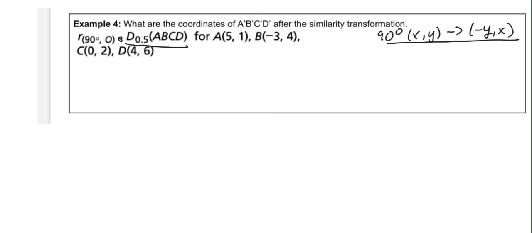Okay, so we'll take A, right, and multiply it by 0.5. So 0.5 times our A (5, 1).